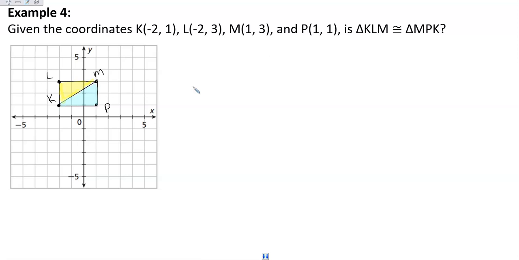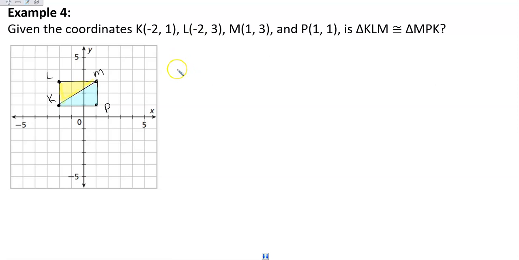In this case, we could use side, angle, side, or HL, because I know that these are right angles, and I could show that the slopes of horizontal and vertical lines are opposite reciprocals. Or the other way that we can do this is by doing side, side, side. The nice thing about this one is that it is a rectangle, and my sides are horizontal and vertical.